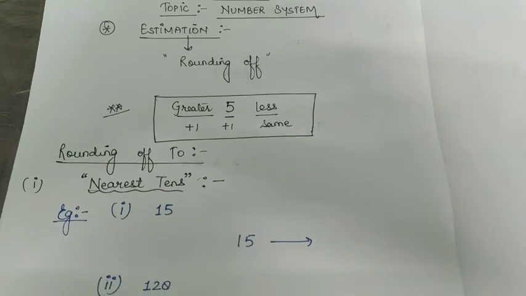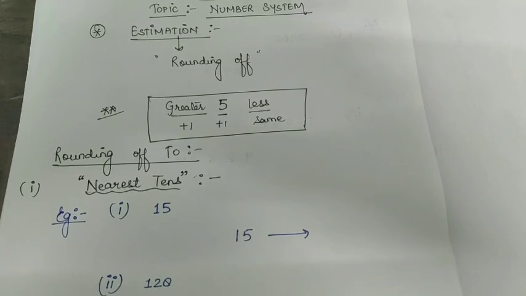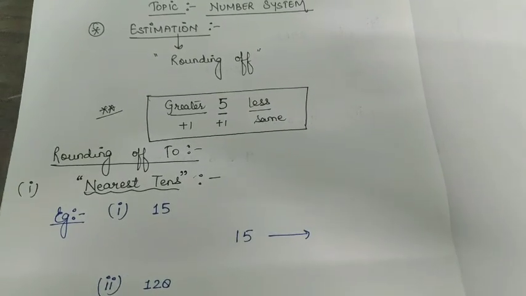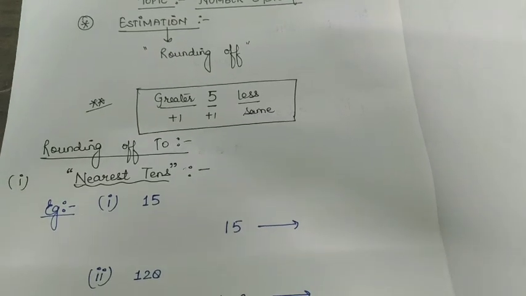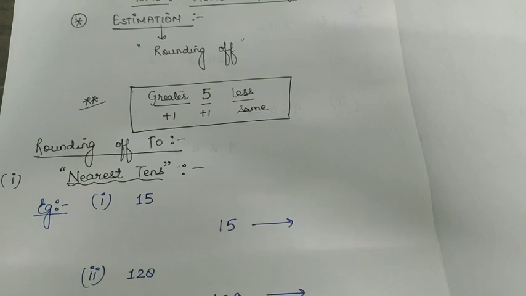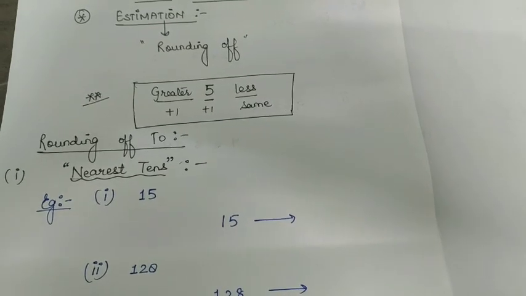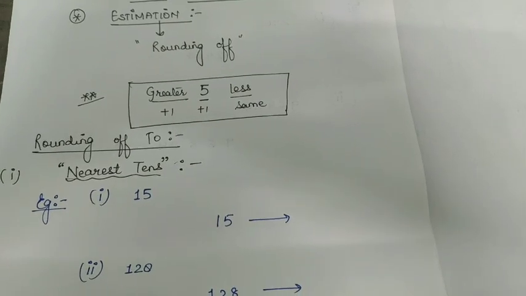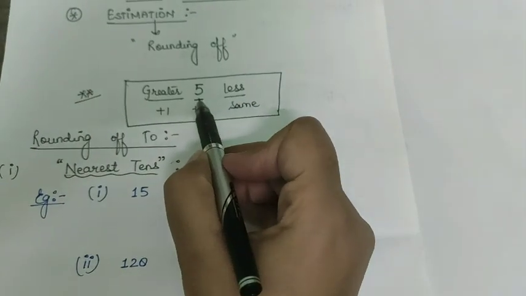And how is this estimation done? When we take an approximate value, we find it by rounding off the numbers. That is, either I round it off to the nearest tens, or nearest hundred, or nearest thousands, like this. We round off the given number. Now, the main concept in rounding numbers is the number 5.